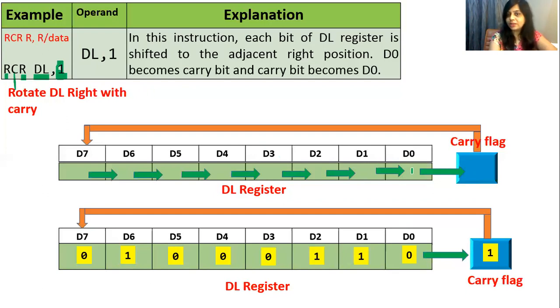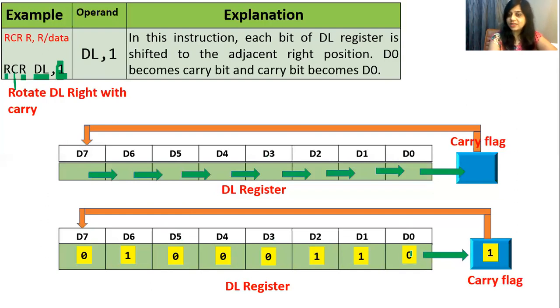So what will happen in this? Whatever is there in the D0 bit position will enter into carry flag, and whatever is there in the carry flag will enter into D7 bit. In ROR, the same D0 enters into D7, but in RCR instruction D0 becomes carry flag and carry flag becomes D7 bit. So now again assume that these are the contents and carry flag holds 1.